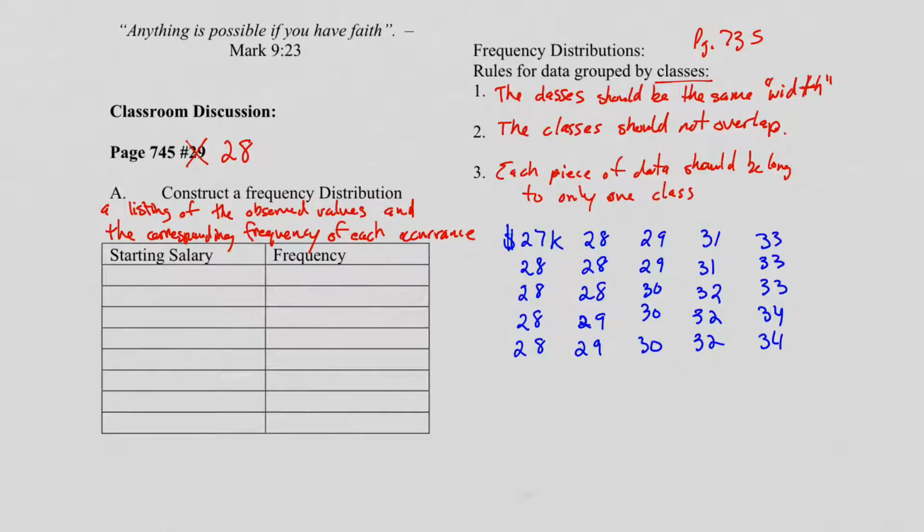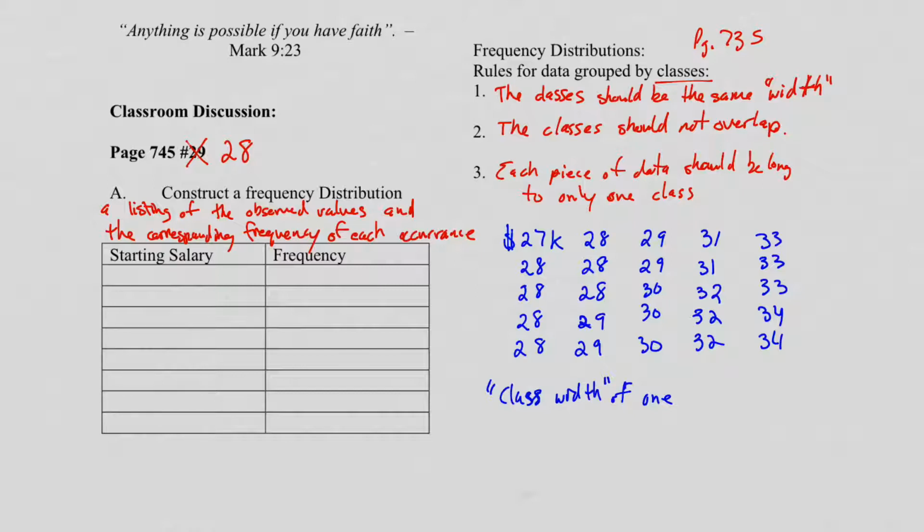It wants us to construct the frequency distribution with a class width of 1. That means we're not going to make, let's say, 27 and 28 in one class.